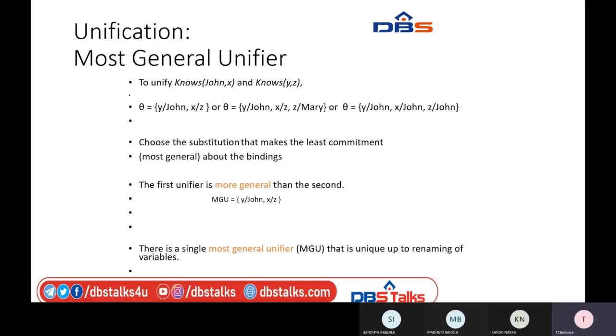Most general unifier. Now we will see how to unify knows(John, X) and knows(Y, Z), where theta is the unifier value: Y by John and X by Z. First case: if you substitute this, this clause will be satisfied. Or else we can replace theta by Y by John, X to Z, and Z to Mary, which also satisfies it. These are the possible most general unifiers.